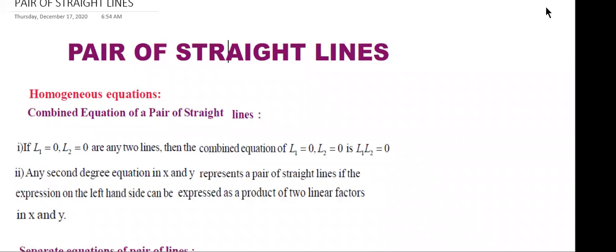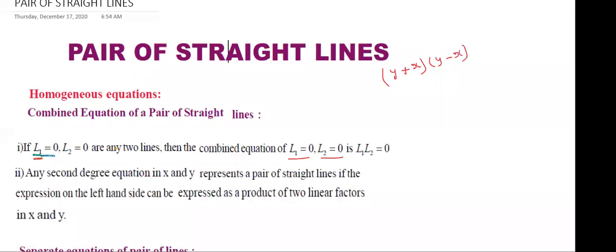L1 is equal to 0, L2 is equal to 0. There are two lines, two linear lines, or any two lines, then the combined equation of L1 is equal to 0 and L2 is equal to 0. Combined means product. Suppose see here, y plus x, this is one line, y minus x, this is another line.